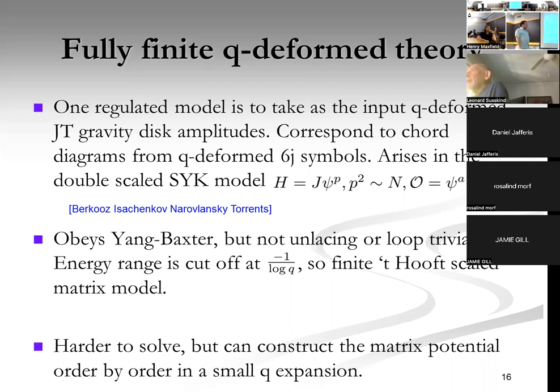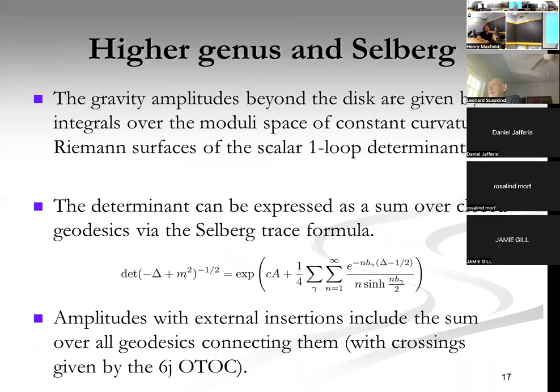But you can construct the matrix potential order by order, for instance, at small q, which is the opposite regime. And in various ways, we convinced ourselves that the matrix ensemble exists for any q between 0 and 1, and other choices of parameters.